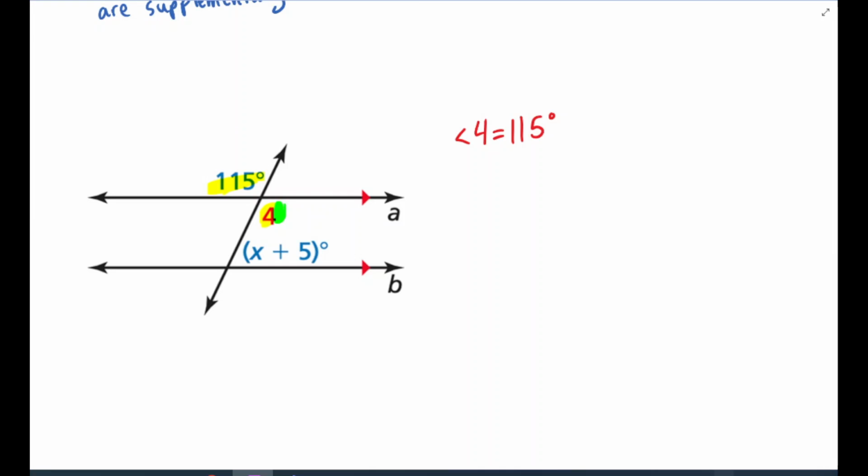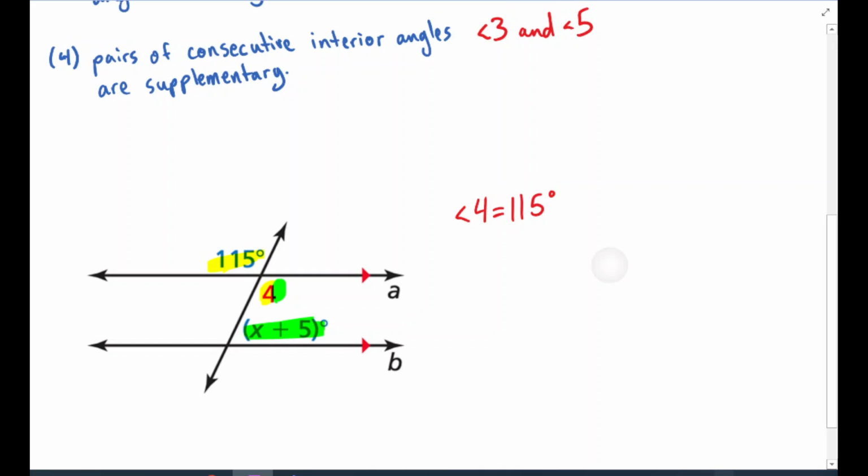Angle 4 and this bit here, x plus 5 degrees, are consecutive interior angles.